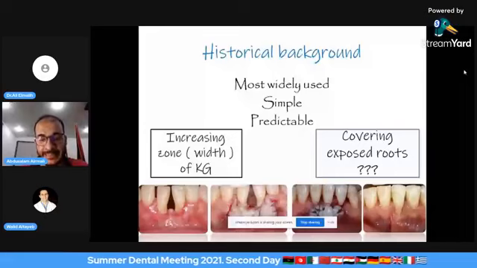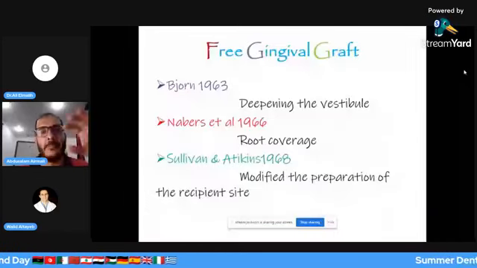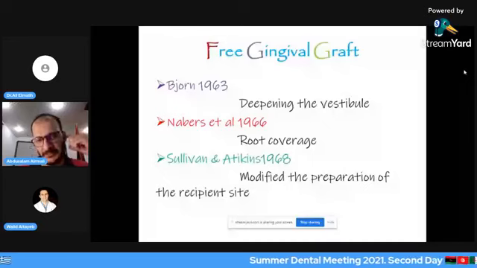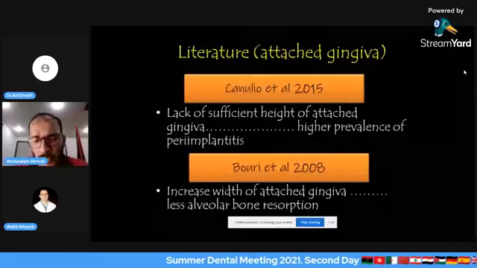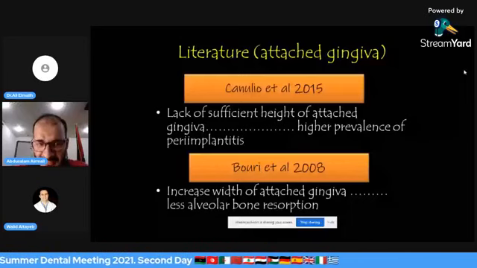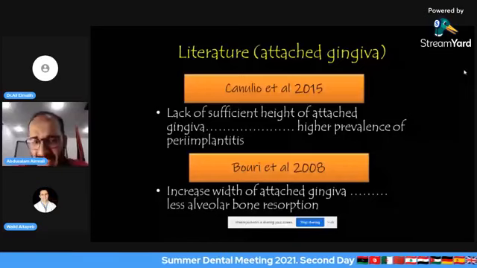And since then, there have been a lot of modifications of the free gingival graft, using this part of the free gingiva around teeth or around implants. There is no doubt about the importance of keratinized gingiva either around teeth or around implants. Especially around implants, we need at least 2 to 3 millimeters of keratinized gingiva to prevent and decrease the chance of peri-implantitis.